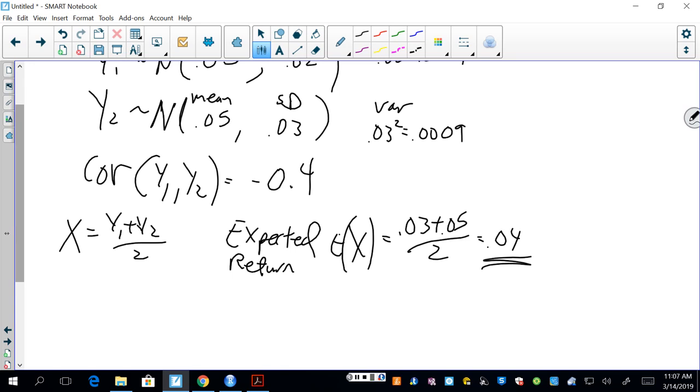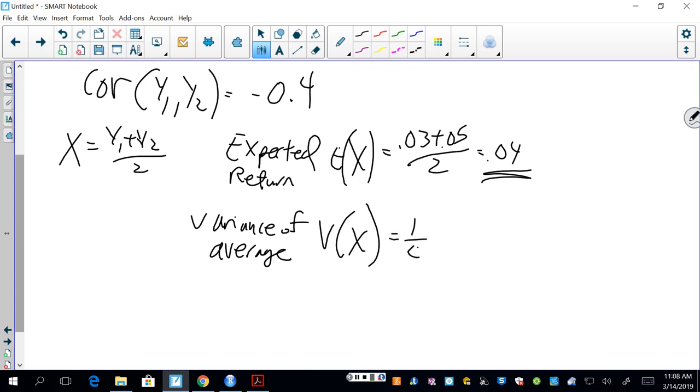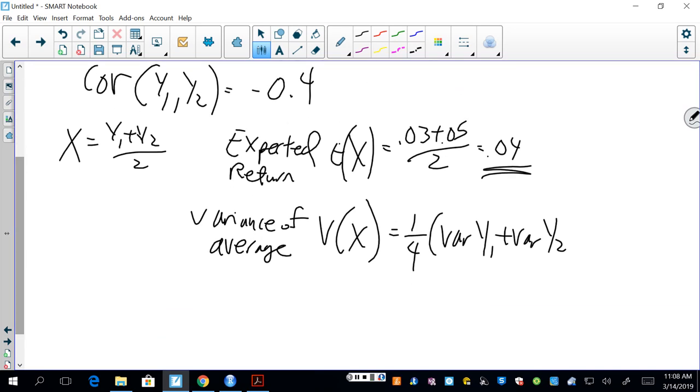So variance is going to be important. What's the variance of the average for us here? Well, there's a 1/4 out here, a variance of y1 plus a variance of y2, plus 2 times the covariance of y1, y2.